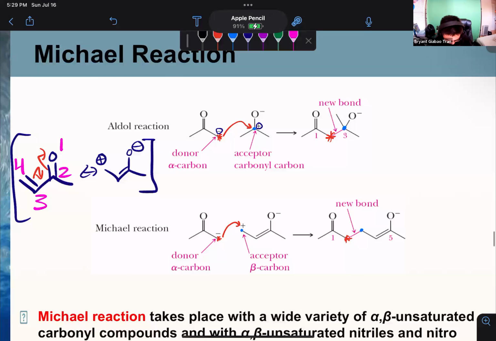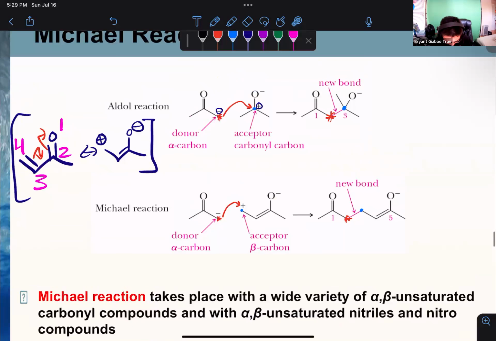So does this make sense so far? Yes. So our first step is making our nucleophile with ethoxide. Yeah, ethoxide or any base at the alpha carbon.